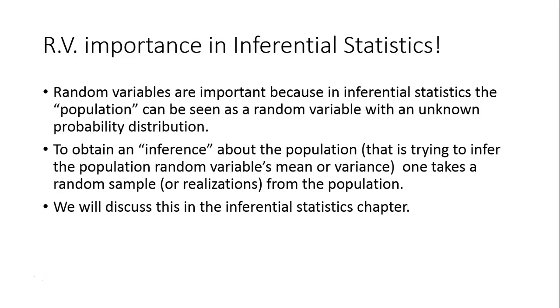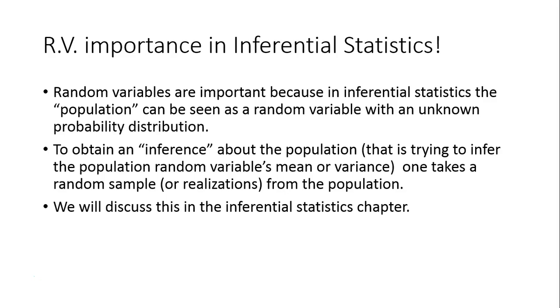And lastly, a final word here. Random variables are important in inferential statistics. The population, as we called it in the introduction, can be seen as a random variable with an unknown probability distribution. To obtain an inference about the population, that is, trying to infer the population random variable's mean or variance, perhaps, or some other characteristic, one takes a random sample or realizations from the population.